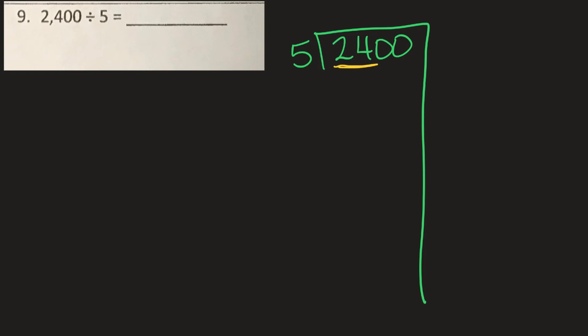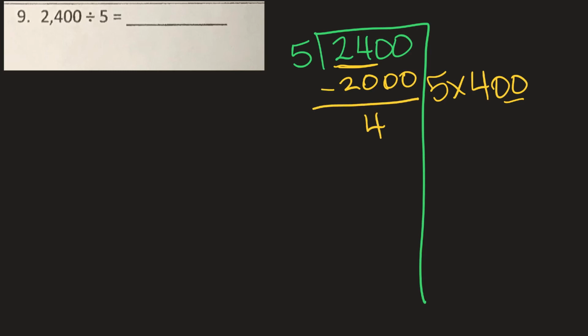I know that 5 times 4 is 20, and 5 times 5 is 25. So I'm going to try 5 times 400. 5 times 4 is 20, and I put those 2 zeros on. So 5 times 400 is 2,000, and that'll leave 400.